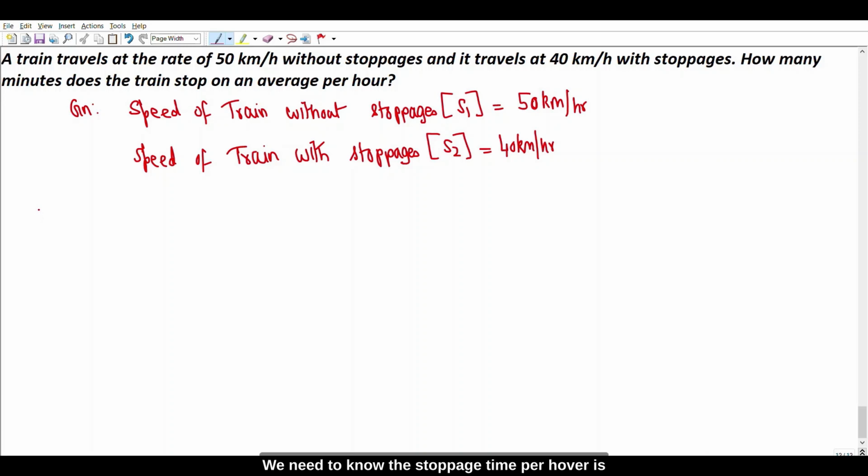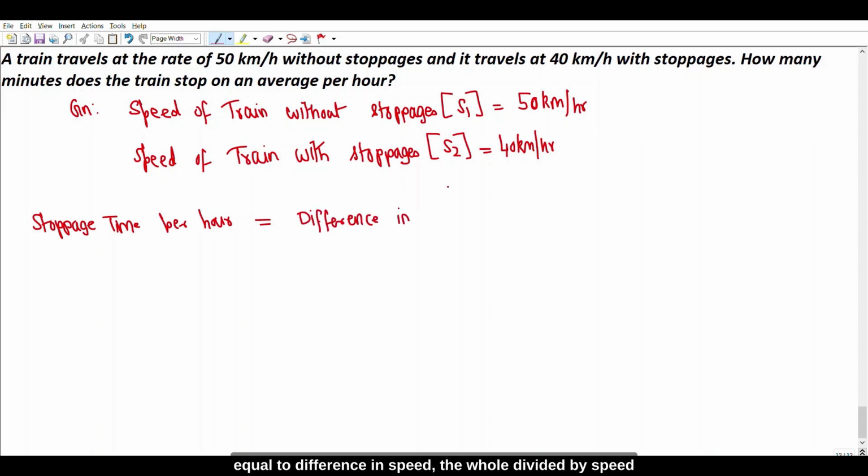We need to know the stoppage time per hour, which is equal to the difference in speed, the whole divided by speed without stoppage.